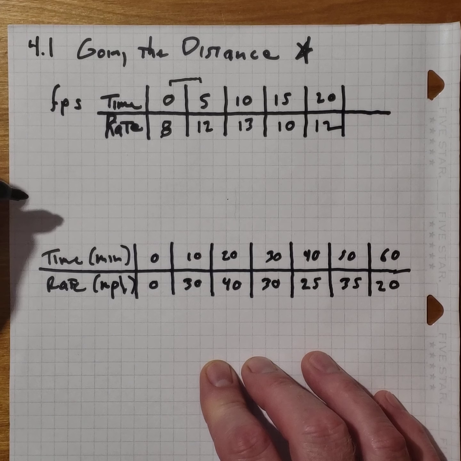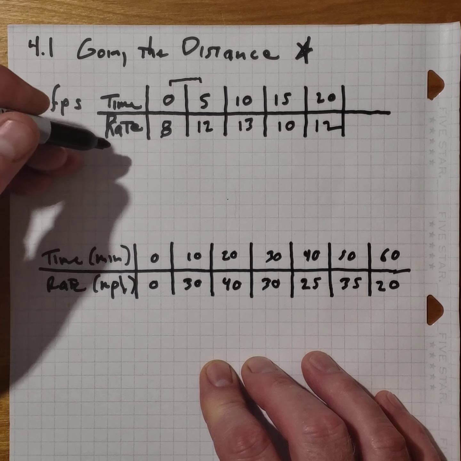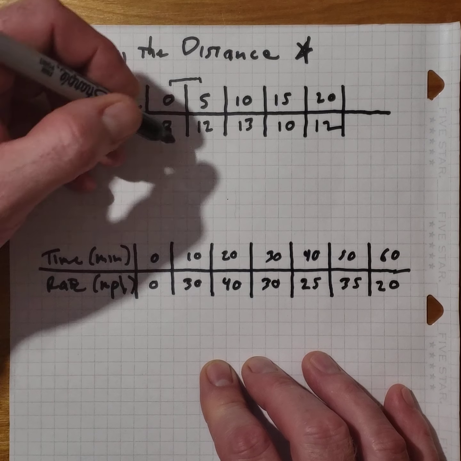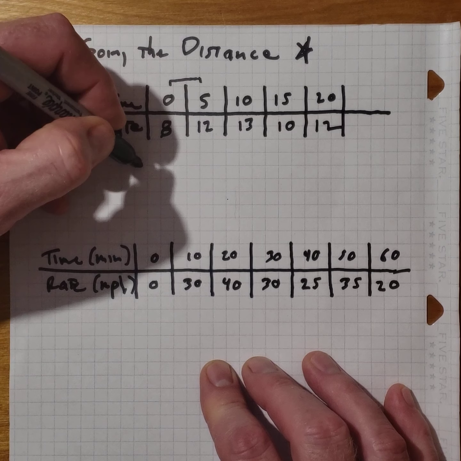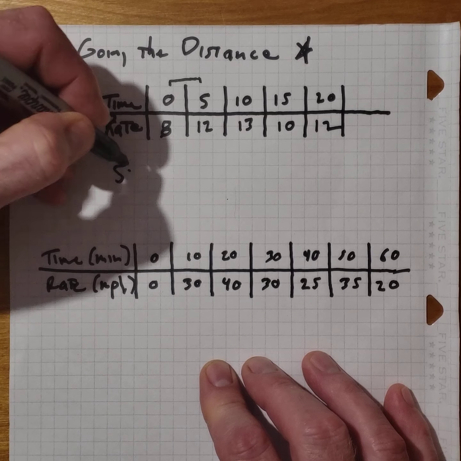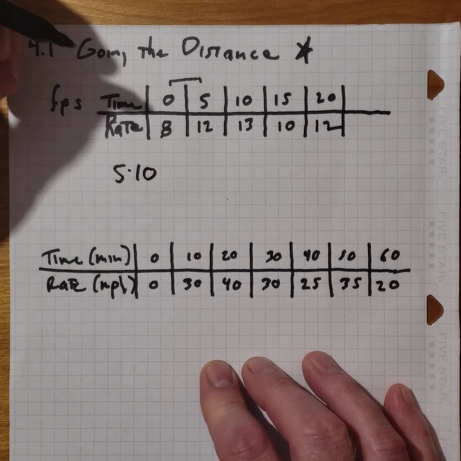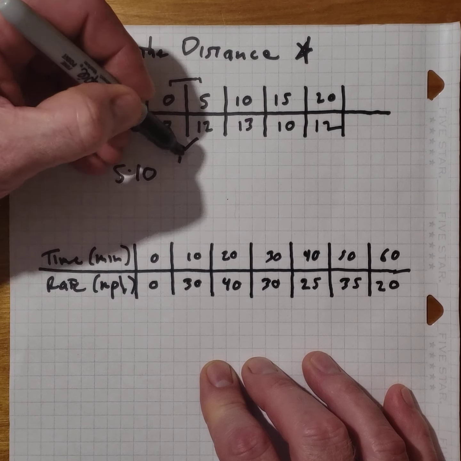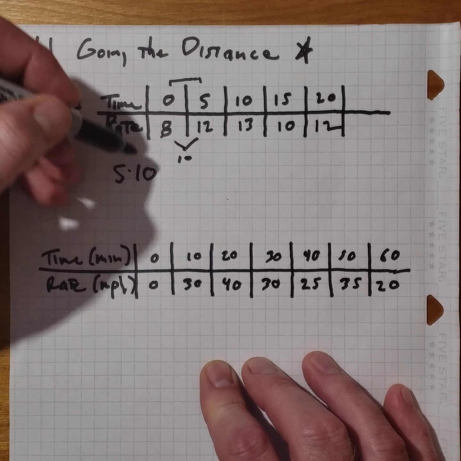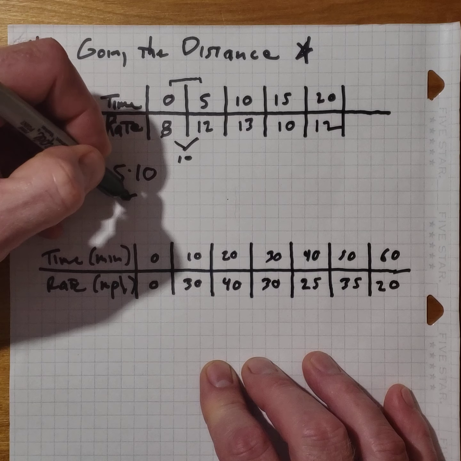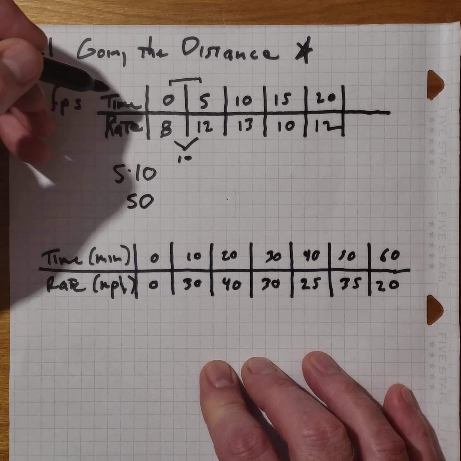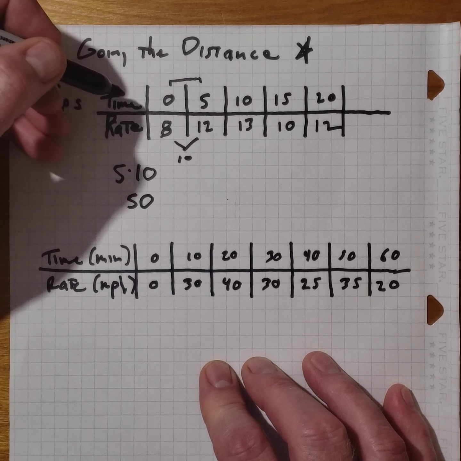It's a reasonably safe bet, not really safe, but reasonably safe, to assume it was averaging something around 10 feet per second during that time. So we've got 5 seconds times an average rate of 10, which obviously came from the 8 and the 12. So I'm going to say that during the first 5 seconds, it likely traveled around 50 feet.